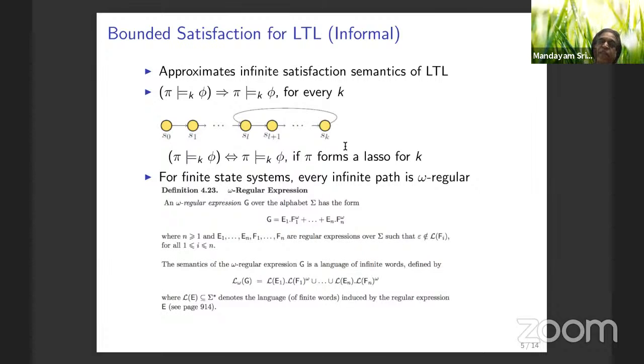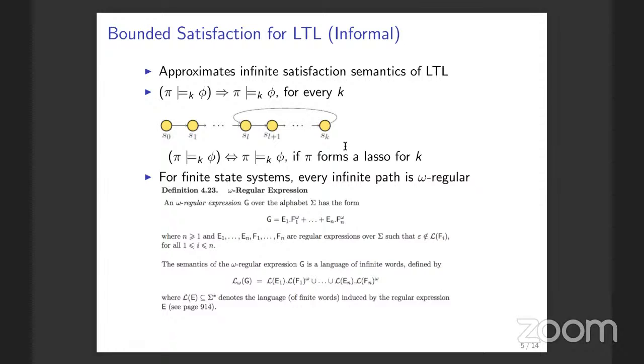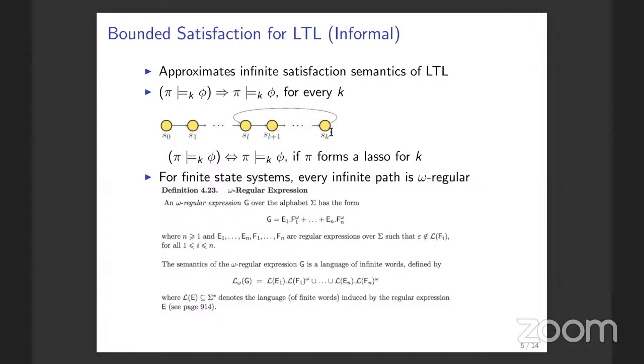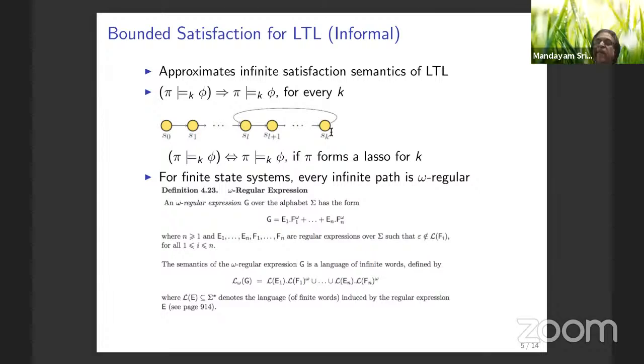So even the first statement, that if pi satisfies phi for a path of length K, does not in general imply any satisfaction. Yeah, in general, it does not. But if it lassos, for that infinite path represented by the lasso, you can precisely define it. And I think that's why this one is incomplete by just looking at K.